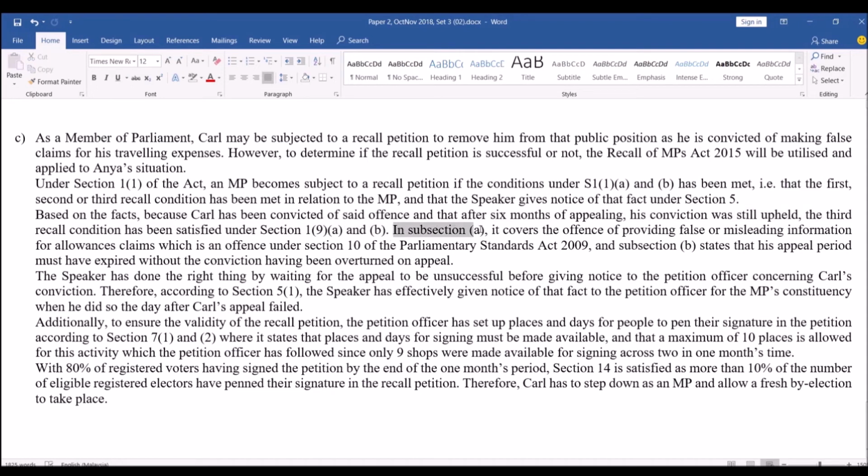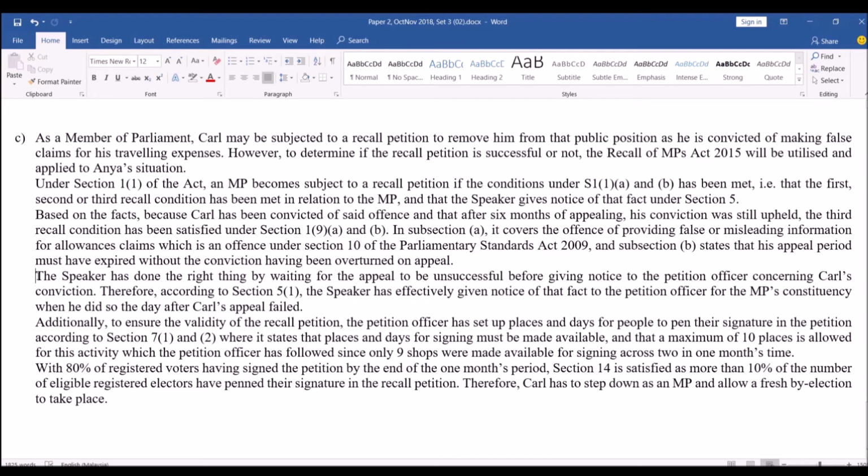In subsection A, it covers the offence of providing false or misleading information for allowances claims, which is an offence under section 10 of the Parliamentary Standards Act 2009, and subsection B states that his appeal period must have expired without the conviction being overturned on appeal.